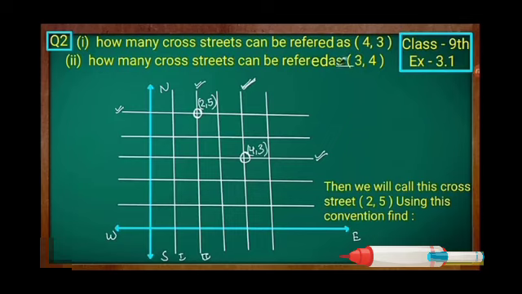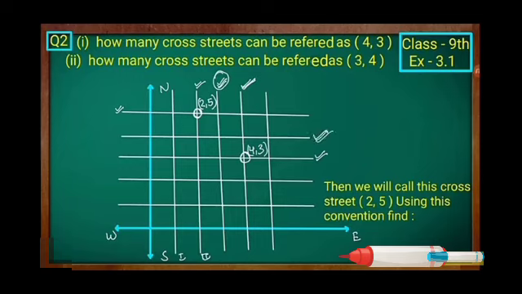Now second, how many cross streets can be referred as 3 and 4? It means X is 3, Y is 4, abscissa is 3 and ordinate is 4. 1, 2, 3, Y is 4. 1, 2, 3, 4.